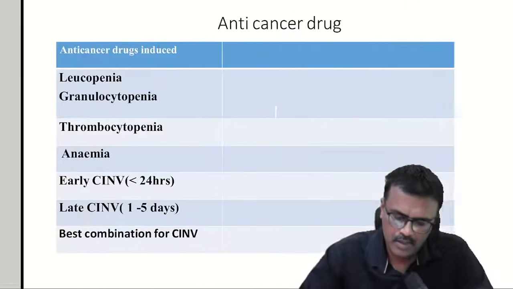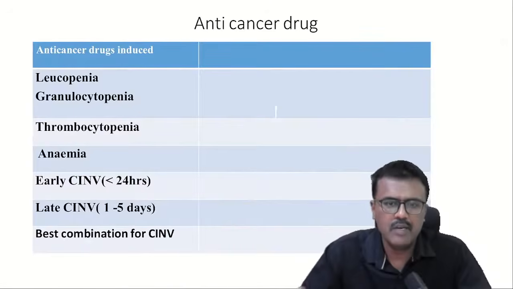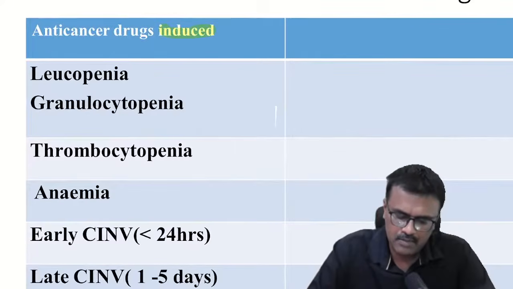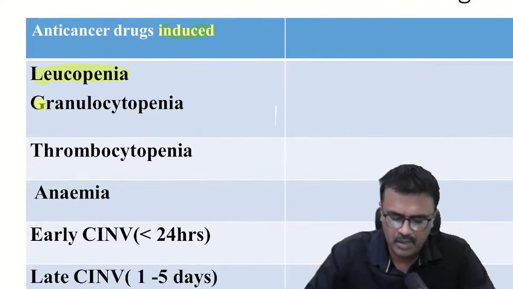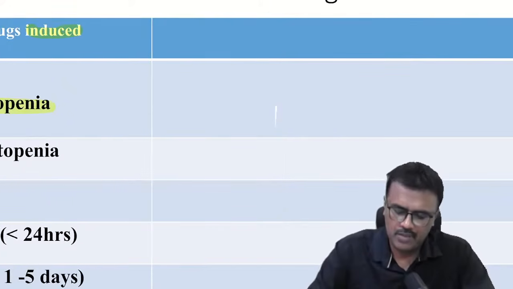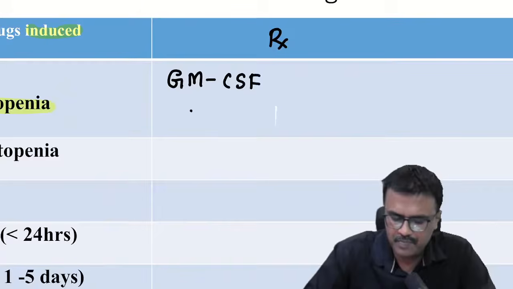Okay. So whenever we give anti-cancer drugs, there are certain common adverse effects because anti-cancer drugs will also kill the normal cells. So when you use anti-cancer drugs, the patient may suffer with leukopenia, granulocytopenia, decrease in WBC, neutrophils. How do you manage? We have GM-CSF analog and G-CSF analog.